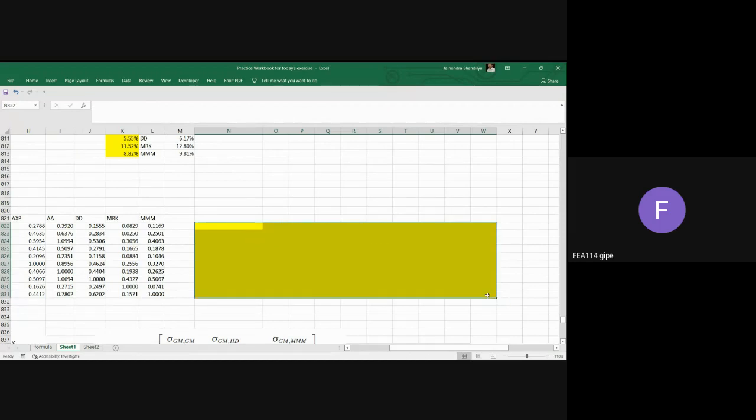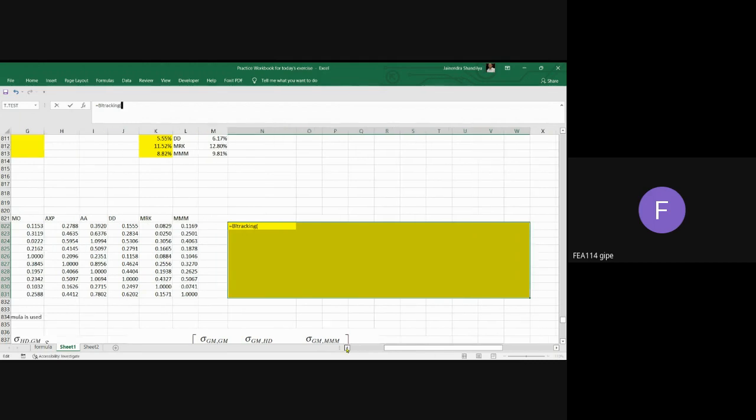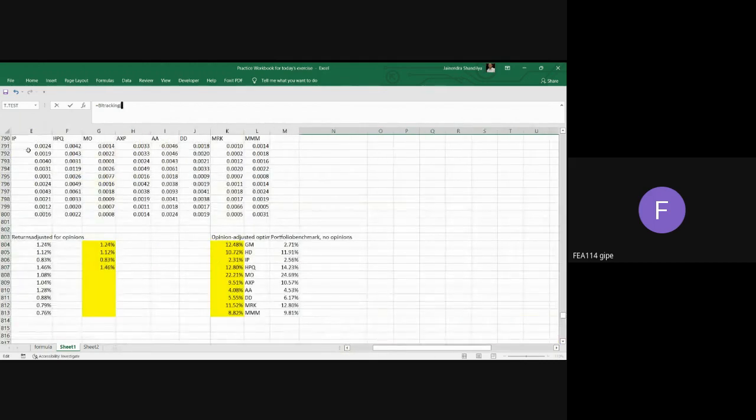So I delete it. And the file that I have shared with you is macro enabled. So BL tracking is the function for this one, BL tracking. And I select the entire variance covariance matrix. Okay.